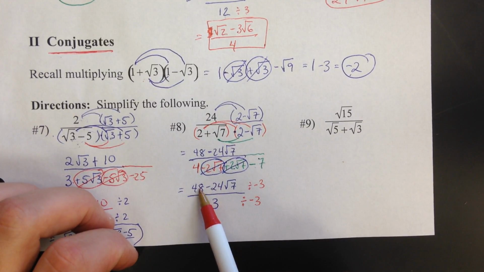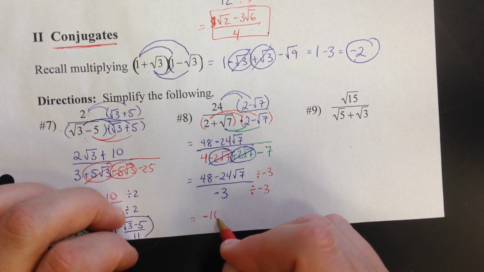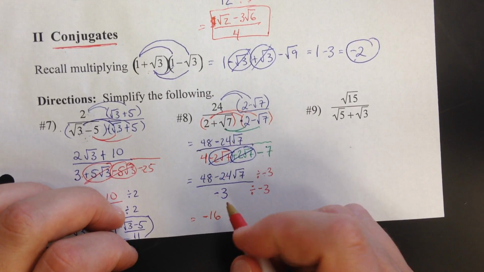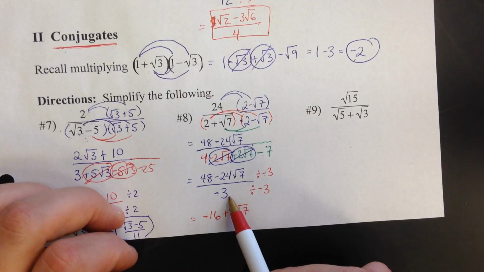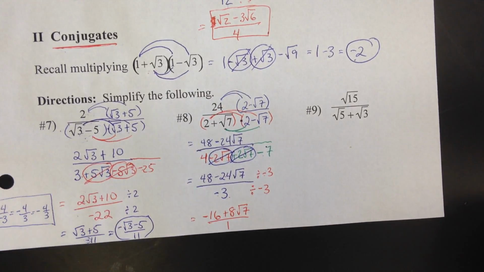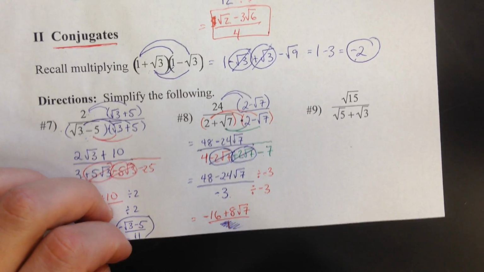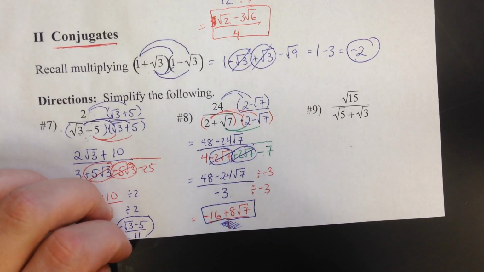So 48 divided by negative 3 is going to be negative 16. Negative 24 divided by negative 3 is positive 8 root 7. And then negative 3 divided by negative 3 is 1. But actually, you don't even need to write that, because when you divide by a 1, you get the same thing. So the answer is just negative 16 plus 8 square root 7.